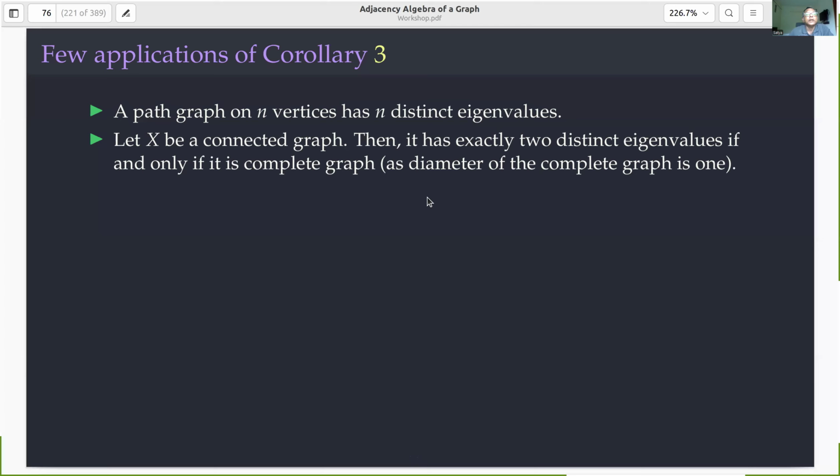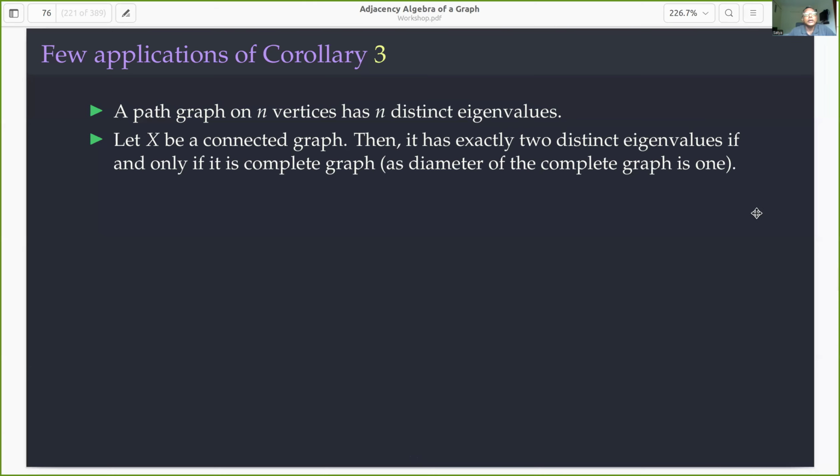So let X be a connected graph, then it has exactly two distinct eigenvalues if and only if it is a complete graph. Are you able to see that? Beauty, right? It has exactly two eigenvalues, and here I told you it is connected also.